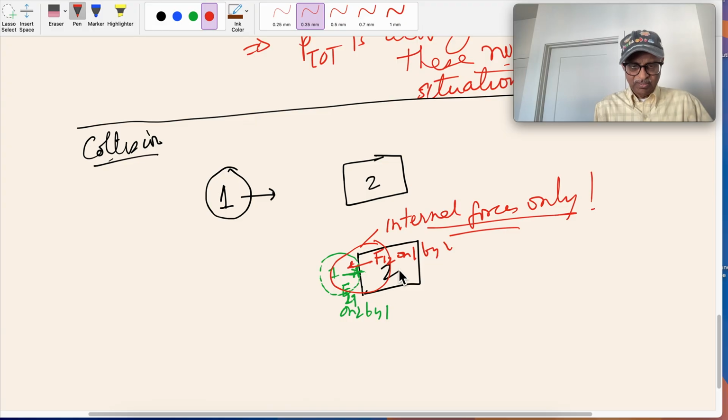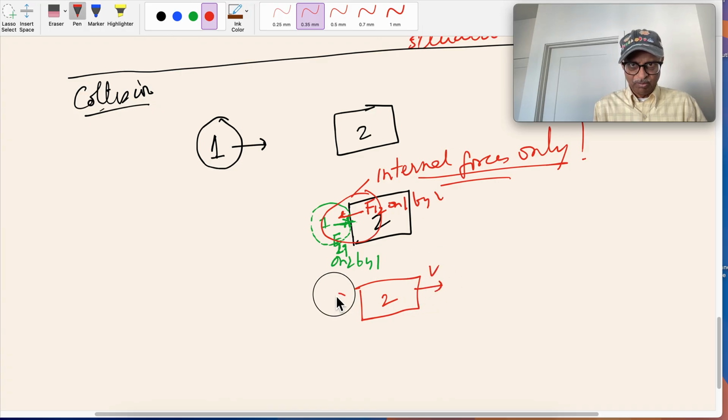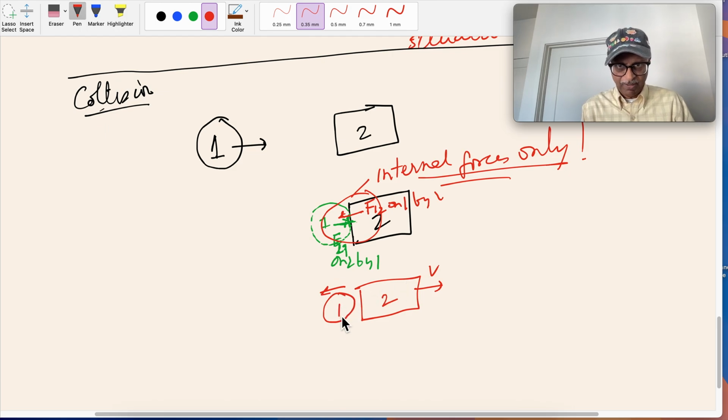So in this instant, whatever will happen to 2, maybe 2 will go that way, and maybe 1 will retreat or just stop, who knows? It's situation dependent.